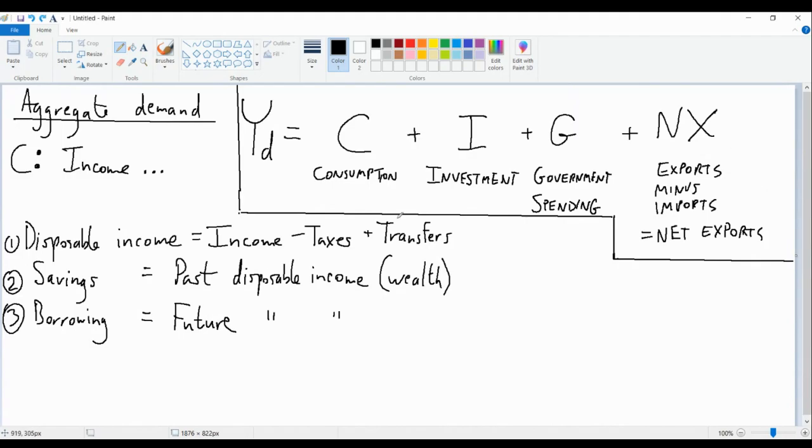It's like my entire lifetime earnings are what should determine my consumption now. Unless something happens that erases a big chunk, or changes my wealth significantly, or makes it harder to borrow against the future. Even so, we have enough here to actually draw a lot of conclusions about aggregate demand. So to do that, let's quickly draw our little figure again here in the corner.